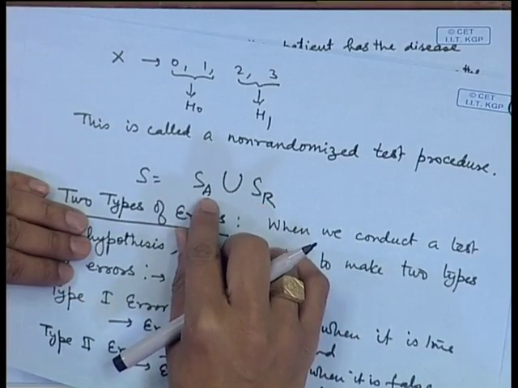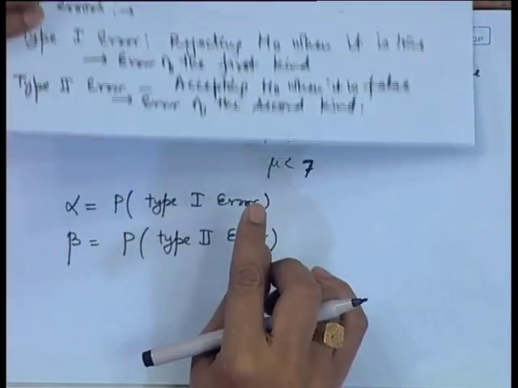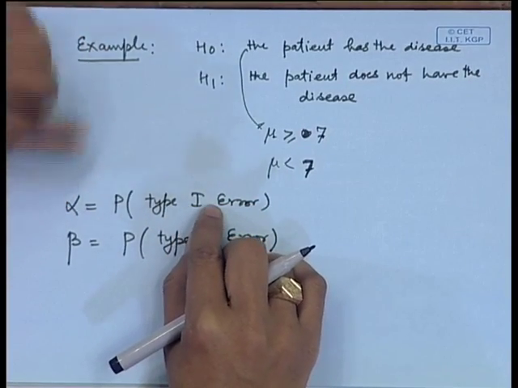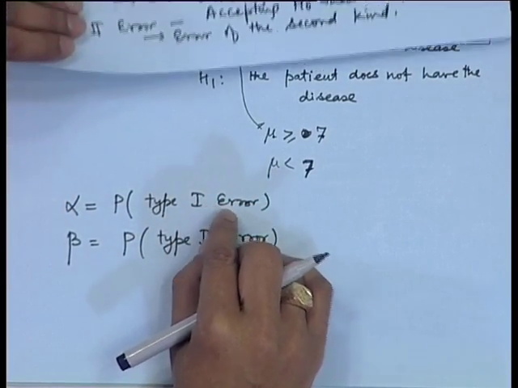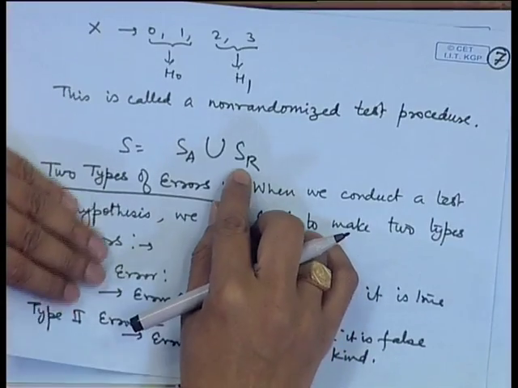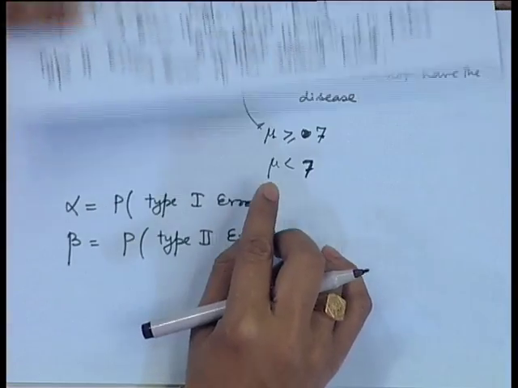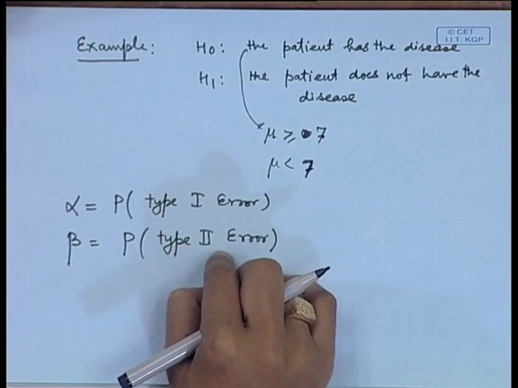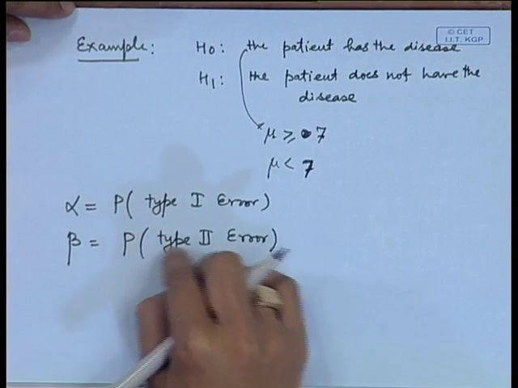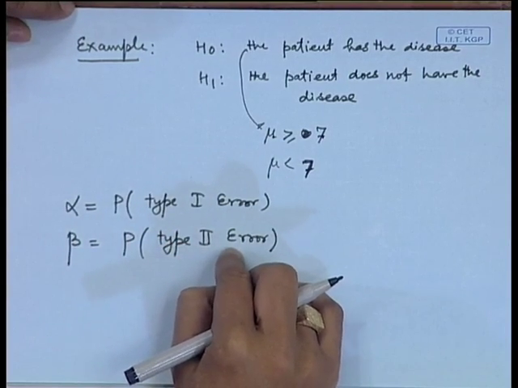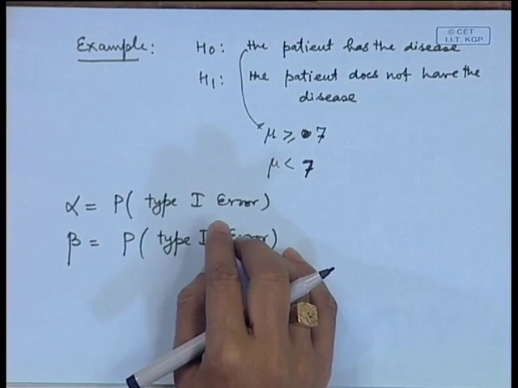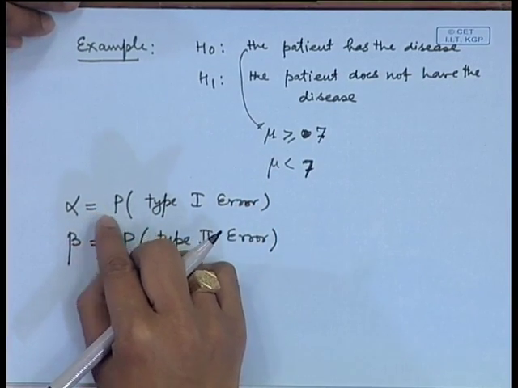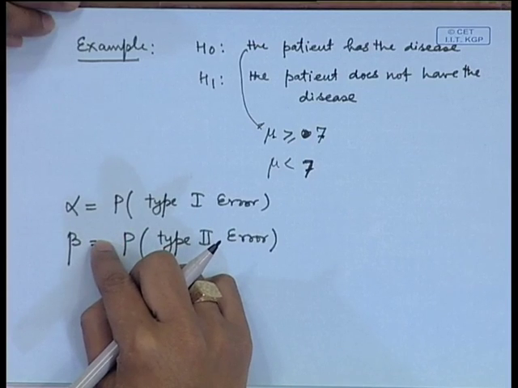Therefore, if we increase one, the other one is decreased. For example, if we want to reduce the type 1 error, a possible scenario is to reduce the size of the rejection region, but then the size of the acceptance region will increase, and consequently the probability of type 2 error may increase. Therefore, statistically speaking, it is not possible to minimize both alpha and beta simultaneously.